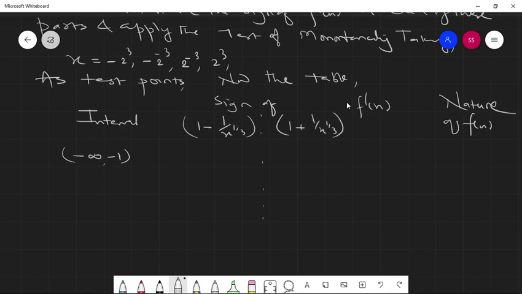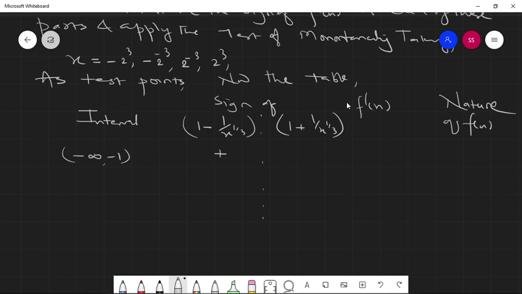So if we take minus 2 to the power 3 as a testing value, then here we will get a positive sign.